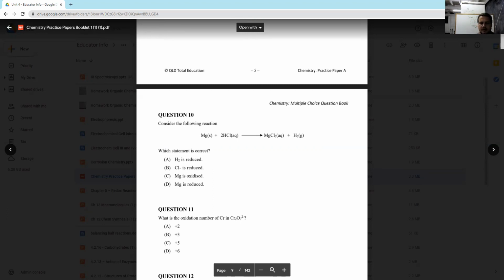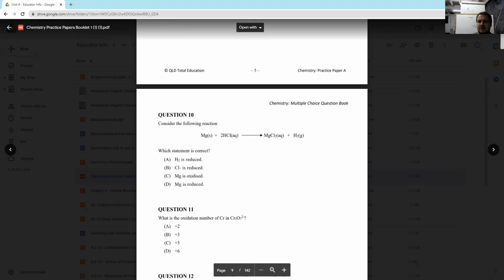Okay, so chromium is a transition metal. So we don't know its oxidation state until we calculate what it's attached to. Oxygen has an oxidation state of -2, and there's 7 of them. So that's -14.